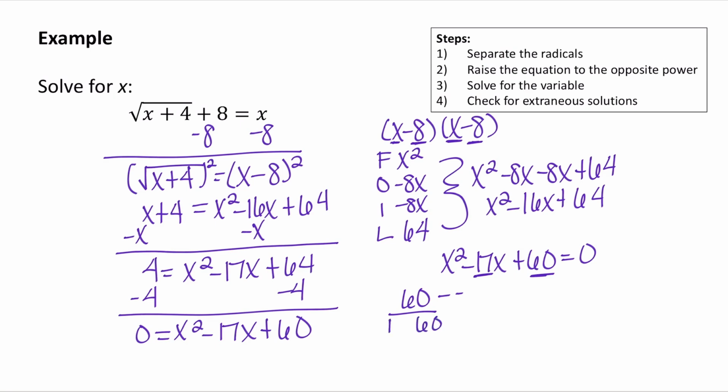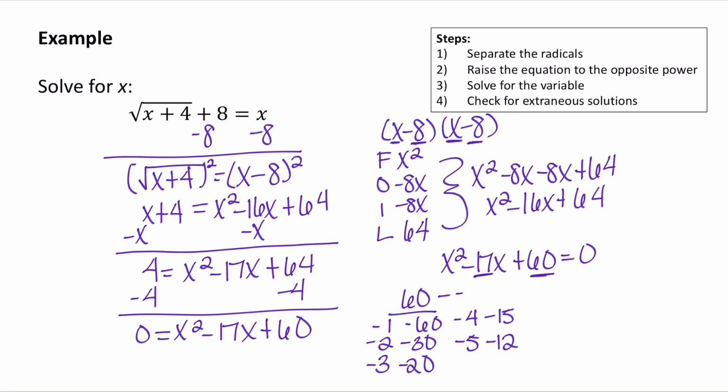So I have 1 and 60, 2 and 30, 3 and 20. I'm out of room here, so I have 4 and 15. And then I have 5 and 12, which are both negative.